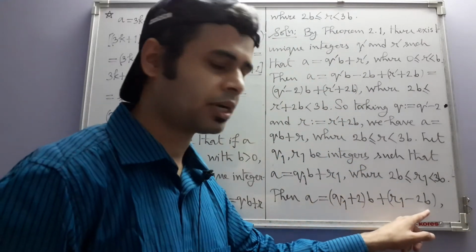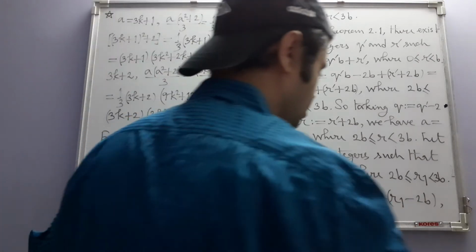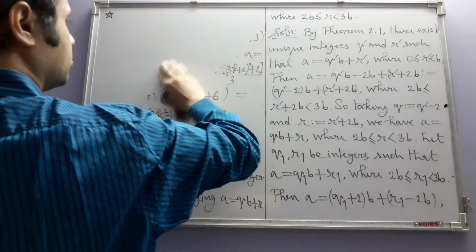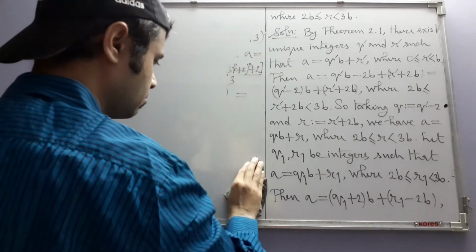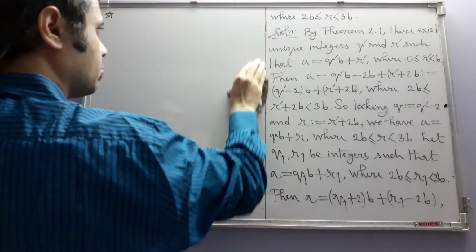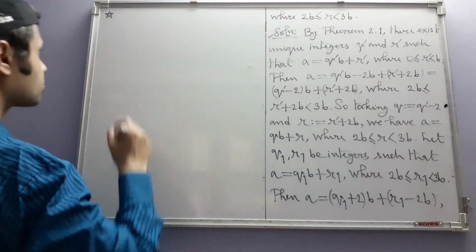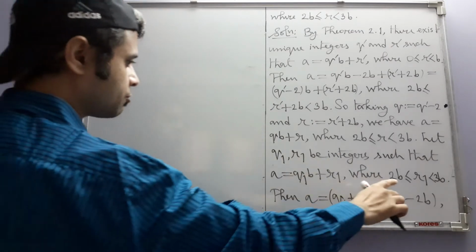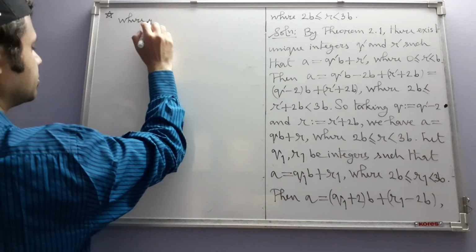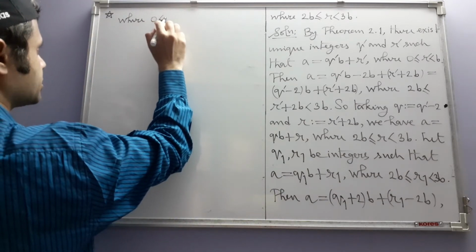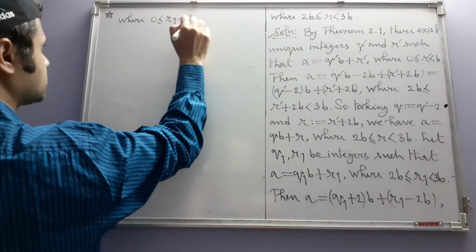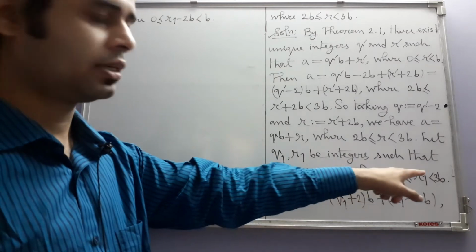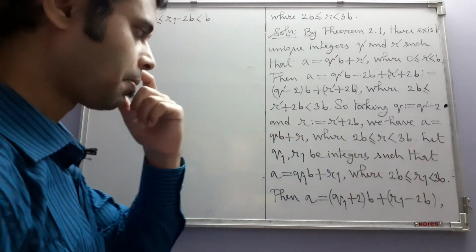So again 2b and minus 2b cancel out, where from these inequalities we see that 0 is less than or equal to r1 minus 2b, which is less than b. So we have subtracted 2b from all the terms.